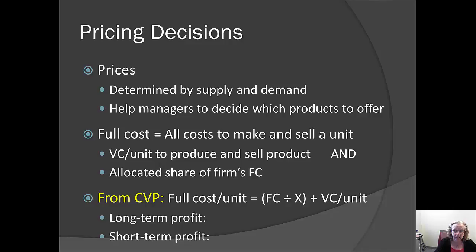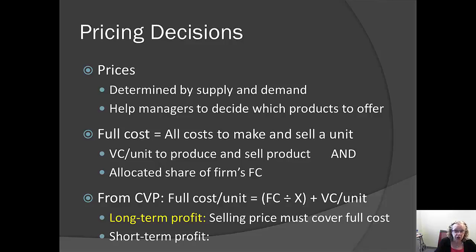That would be the allocated fixed cost per unit plus the variable cost per unit. In the long term, our selling price must cover full cost.